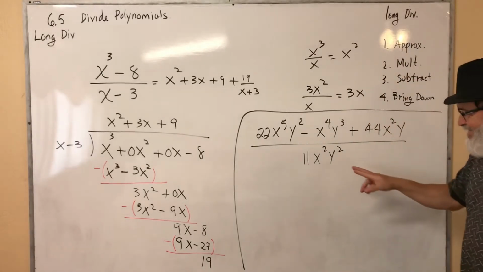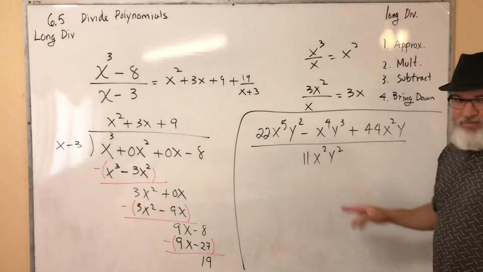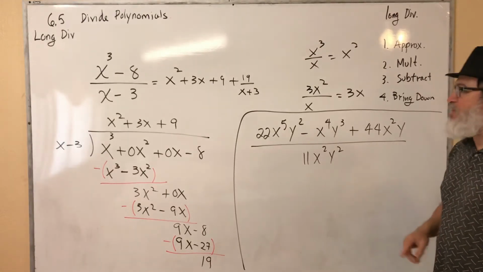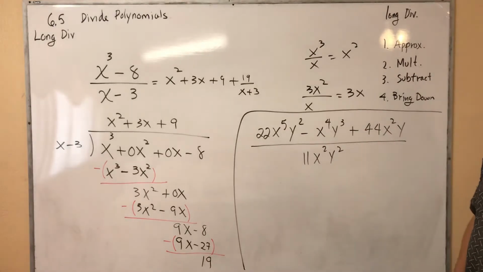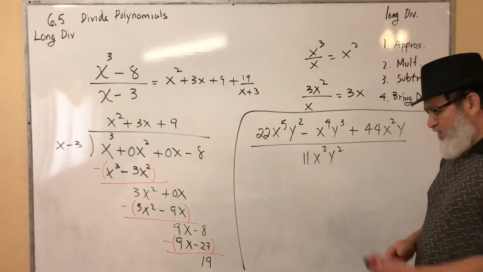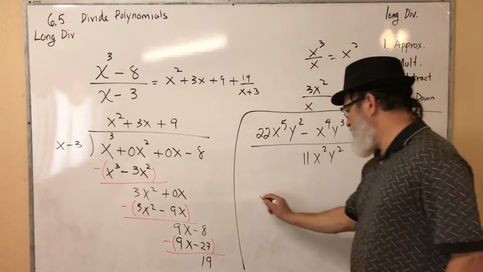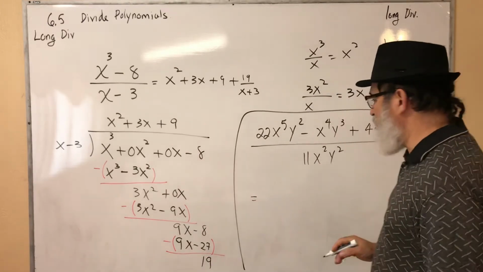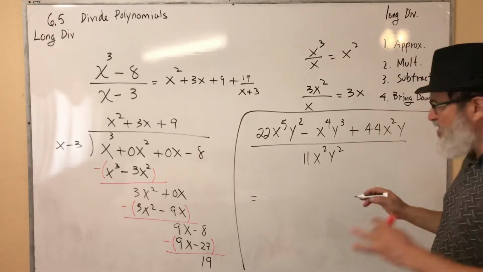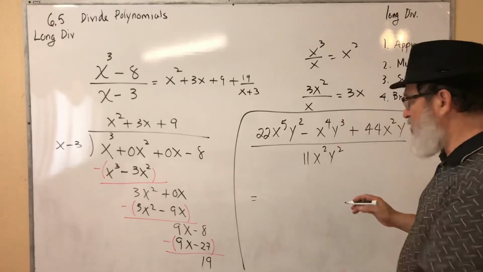Guys, this is a monomial. A monomial, you do not use long division. This is easier. This is what you do.